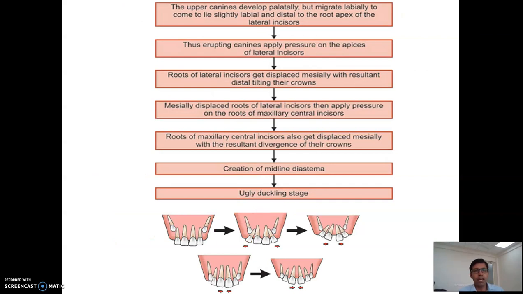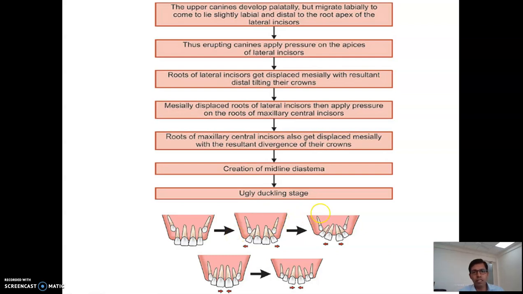Here, the upper canine develops palatally but migrates labially to lie slightly labial and distal to the root apex of the lateral incisor. Thus, the erupting canine applies pressure on the apex of the lateral incisor.